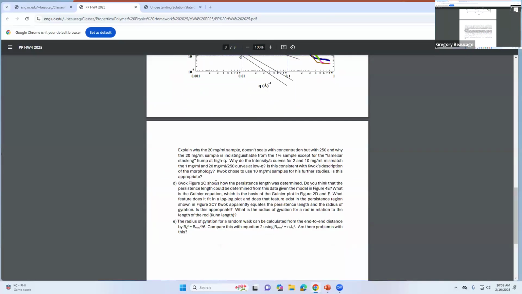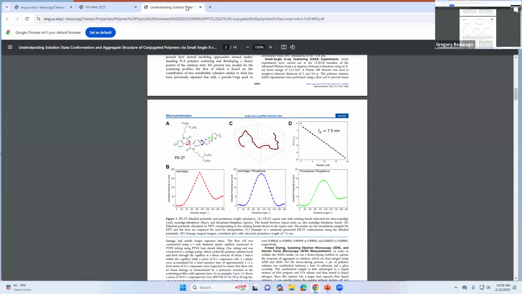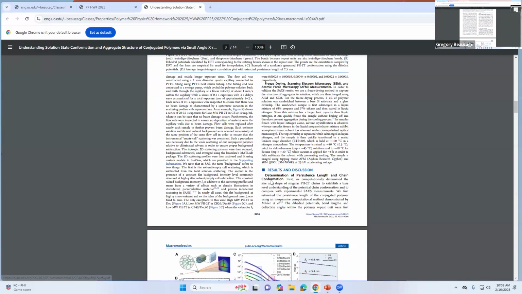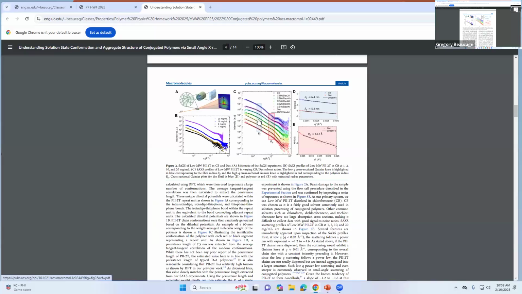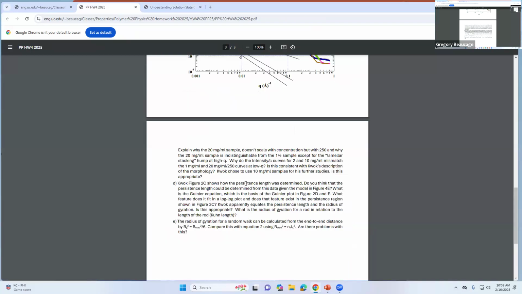D is figure 2C. Figure 2C, do you think that persistence length could be determined from this data?